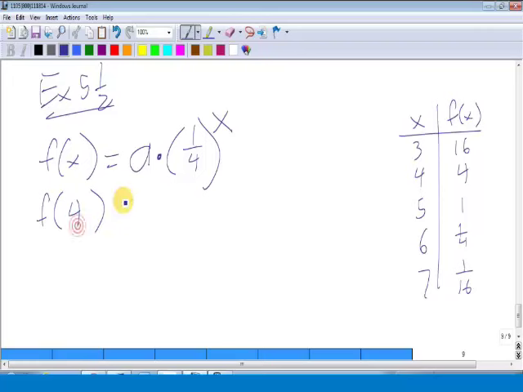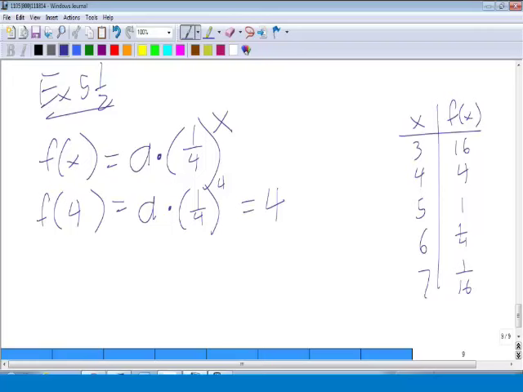F of 4 equals A times 1/4 to the 4th power, and coincidentally enough, that equals 4. I think if we find a value of A that works for that particular point, it'll work for all of them. Hope so anyway. We'll check it against the other ones and see.